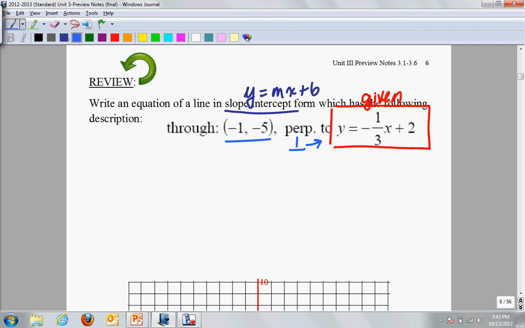So first step, we need to figure out how to interpret perpendicular. We know slope times slope is -1. Write that down, please.